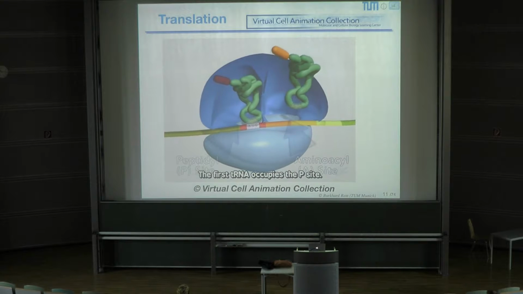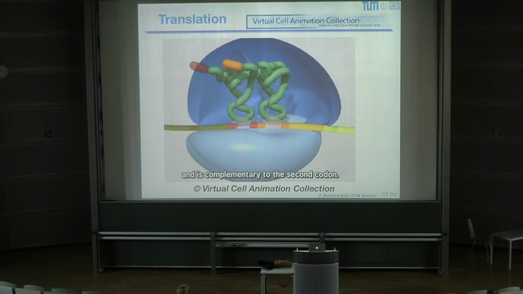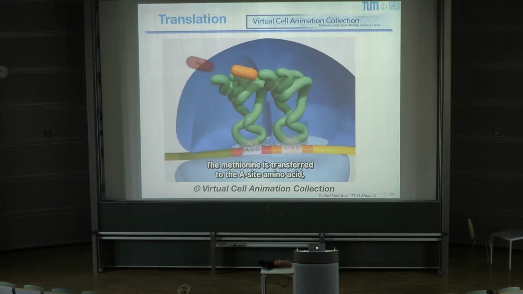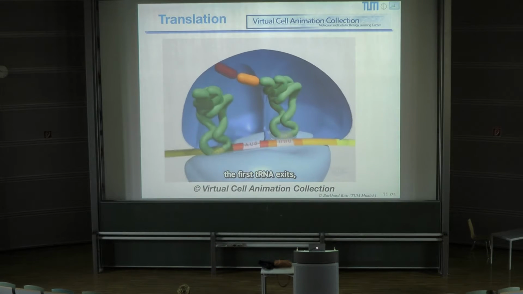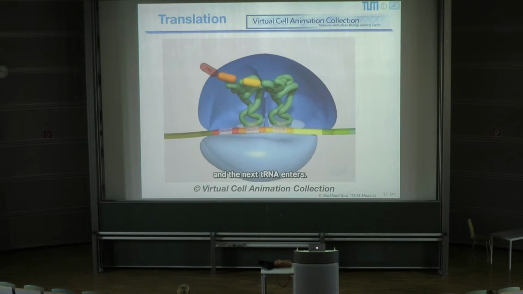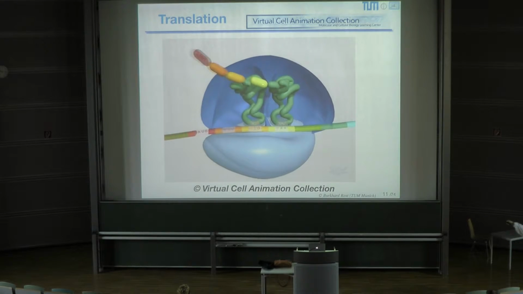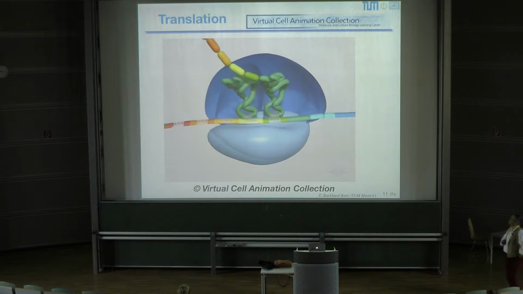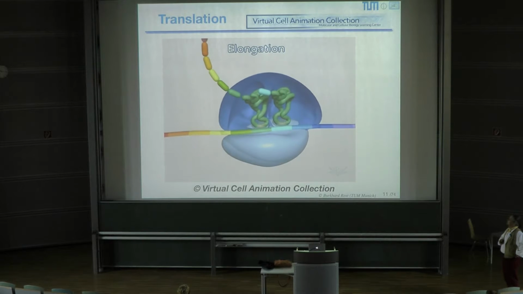The first tRNA occupies the P site. The second tRNA enters the A site and is complementary to the second mRNA codon. The methionine is then transferred to the A site amino acid. The first tRNA exits, the ribosome moves along the mRNA, and the next tRNA enters. So what you build up here is the protein. Now this will be the fourth amino acid. These are the basic steps of elongation.